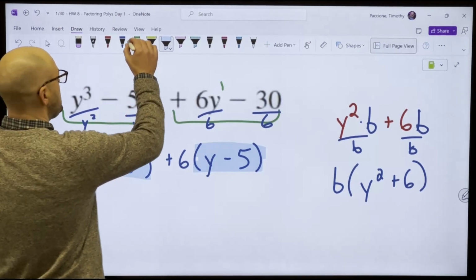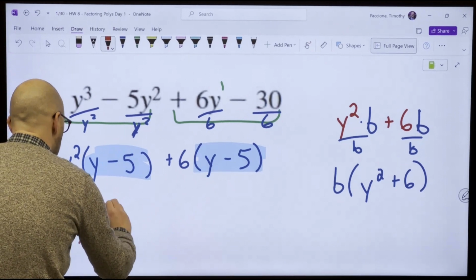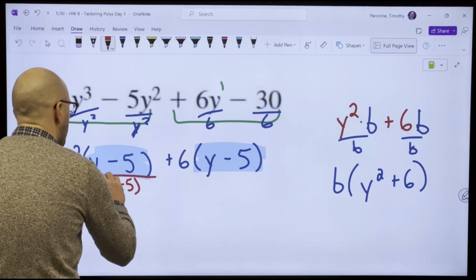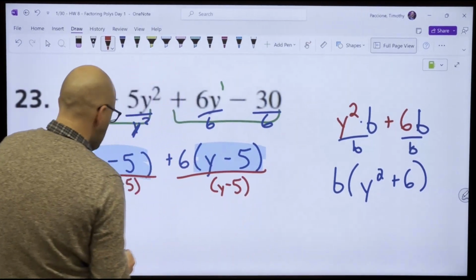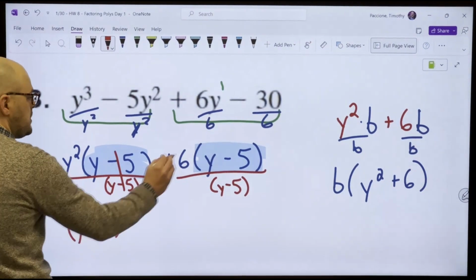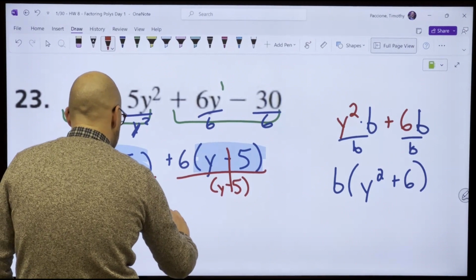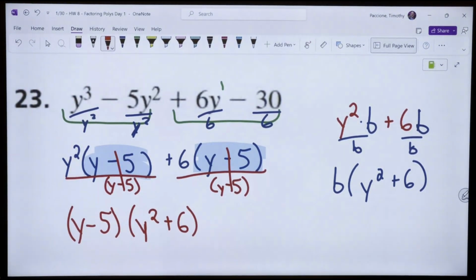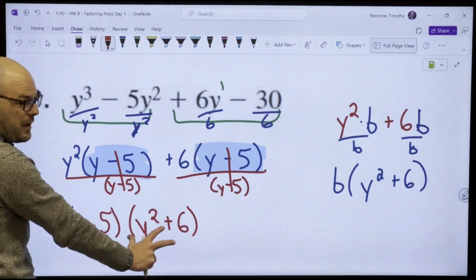So you would say, y minus 5 can go into both, so I put y minus 5 out front, and I divide them both by y minus 5. You don't have to show this full step every time, but this is what you're doing. Then this cancels, and you get y squared plus 6. And that's why it works. Now, the other thing to remember or check your work: the parentheses that you find go out front, and the other pieces go in the back.